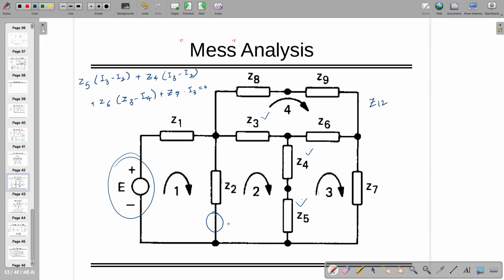Yes, it will be added and it will be subtracted. You have to take care of two things.